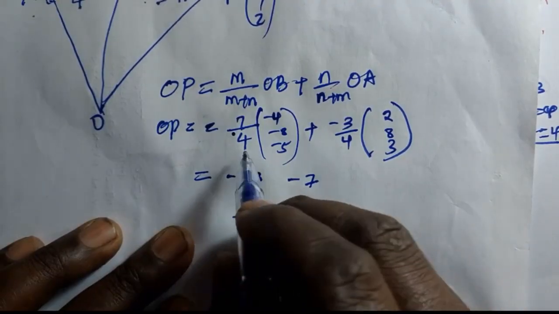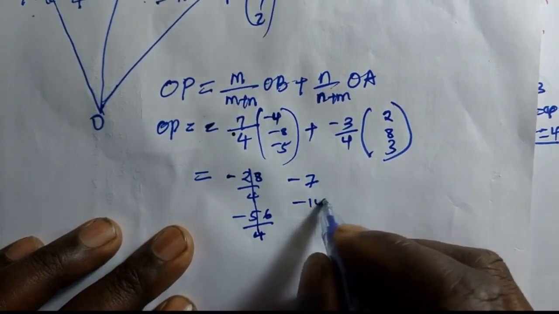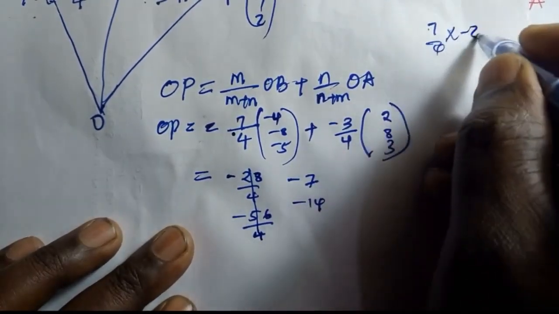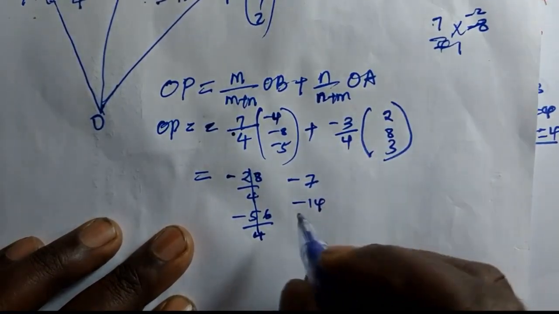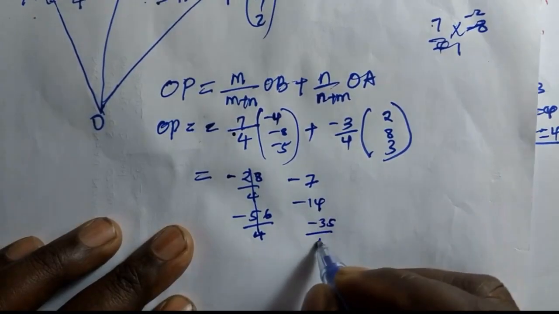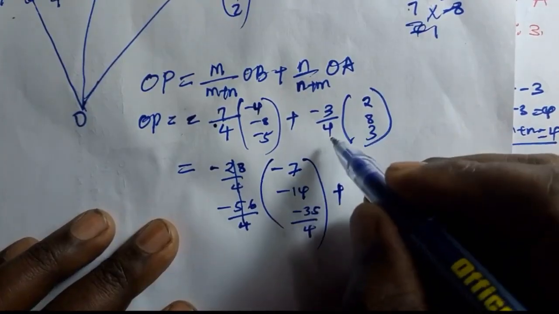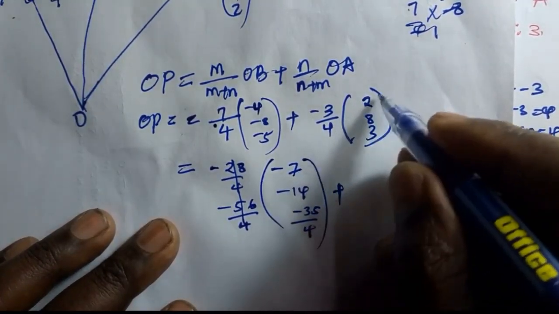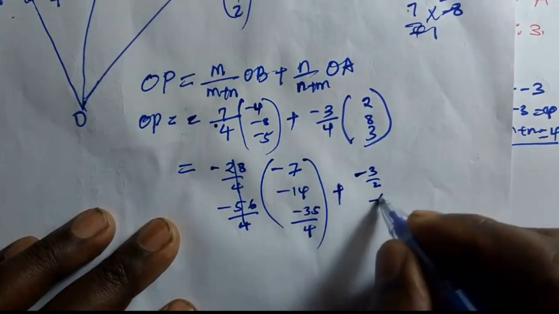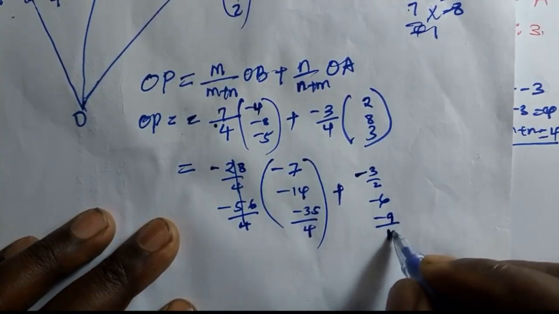This negative 7. 7 over 4 times negative 8, we will have negative 14, because it is 7 over 4 times negative 8, negative 2, negative 14, and this one will be negative 35 over 4. That one does not cancel out. This one plus this one goes there, that is itakuwa negative 3 over 2. This one will go there twice, negative 6. This one will be negative 9 over 12 over 4.